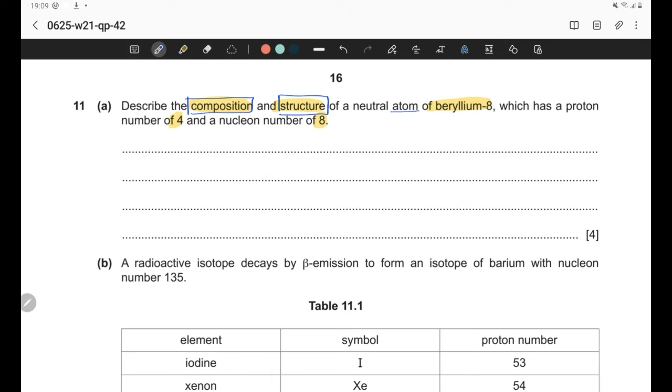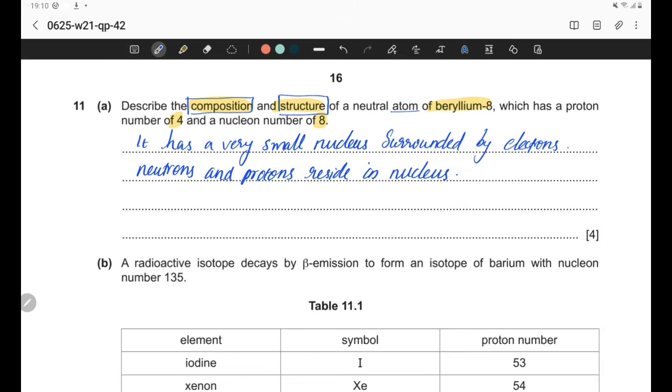First point we can write down is the general structure of an atom, that it has a very small nucleus surrounded by electrons. Then we can mention the particles inside the nucleus. So we can write neutrons and protons reside in the nucleus.